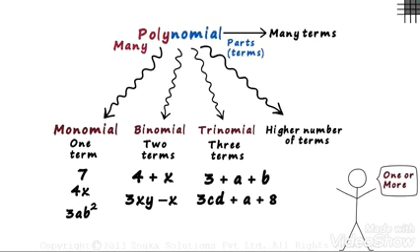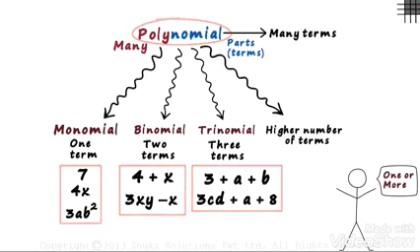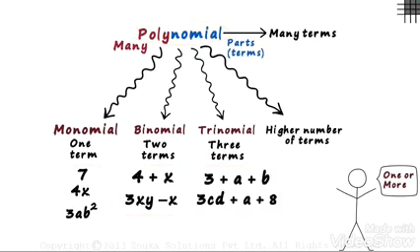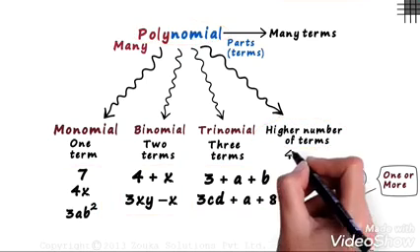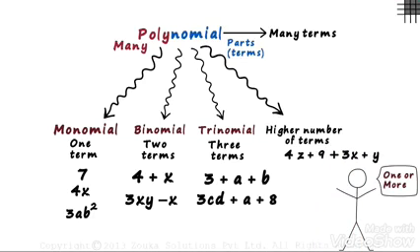Again, let me remind you, all these examples you have seen are polynomials. And an example of the last type would be 4z plus 9 plus 3x plus y. It has four terms in all. So remember, a polynomial is an expression which has one or more terms.